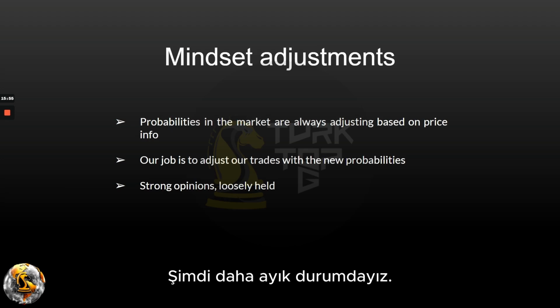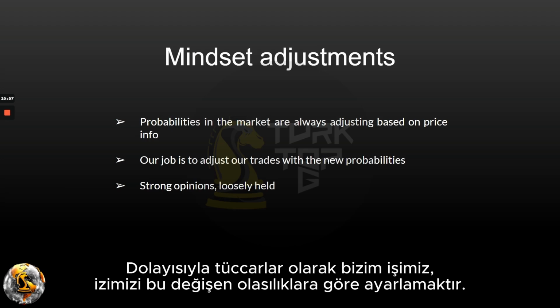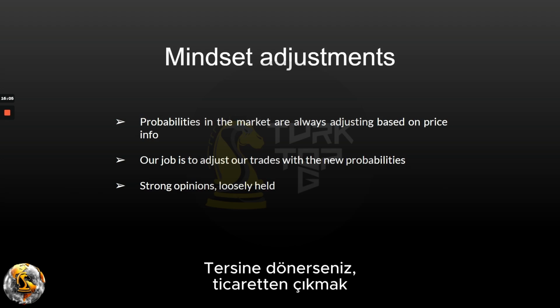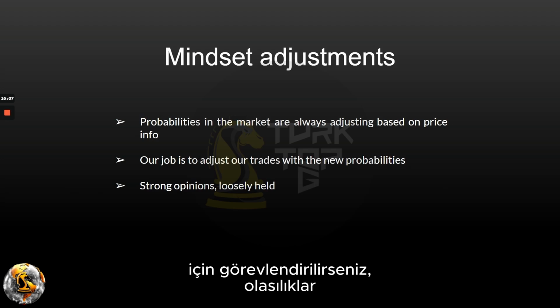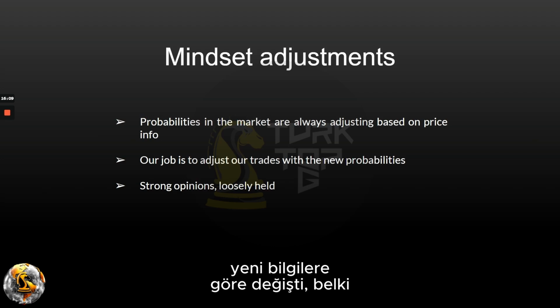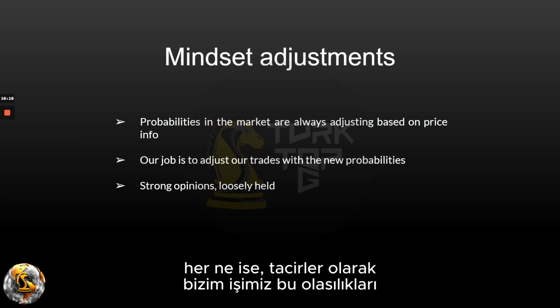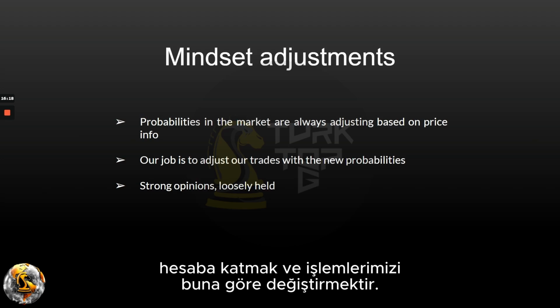Now we are more bearish. So our job as traders is to adjust our trades based on these changing probabilities. If you get a reversal, if you get a sign to get out of the trade, if the probabilities have changed based on new information, maybe it's FOMC, maybe it's CPI, maybe it's earnings, whatever it is, our job as traders is to account for these probabilities and change our trades based on that.